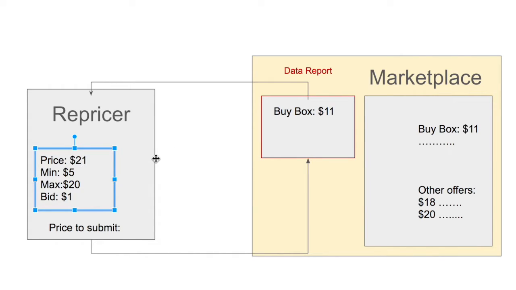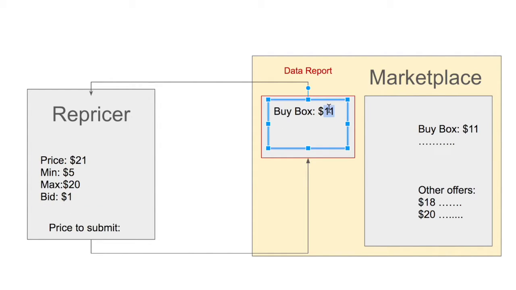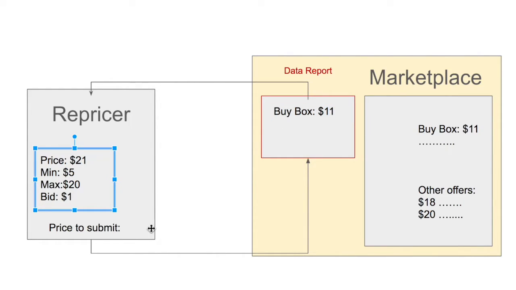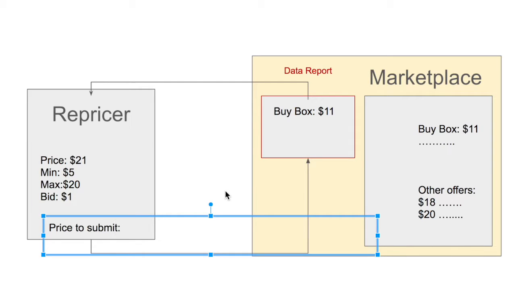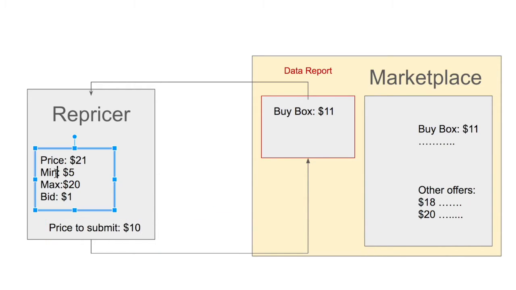So to win this buy box, we know that we have to offer a price which is lower than the buy box. And how much lower? Well, we use this bid to determine how much lower we want to price our product. In this case, the buy box is 11, we have a bid of 1, so we would like to submit a price of $10. And you can see that we can do that because the minimum is 5.